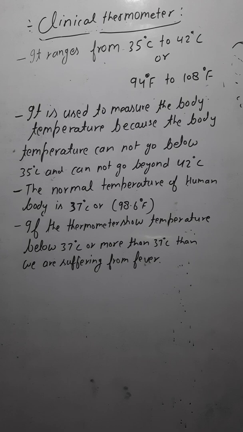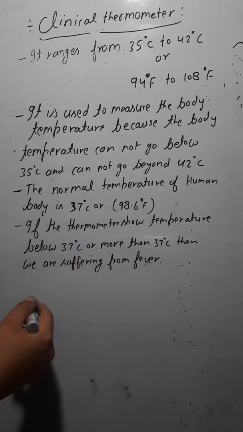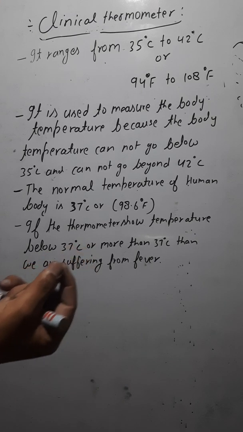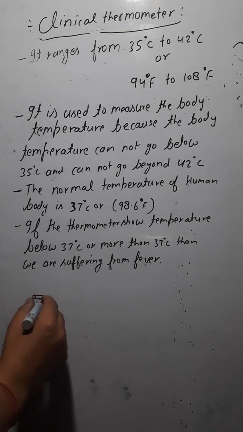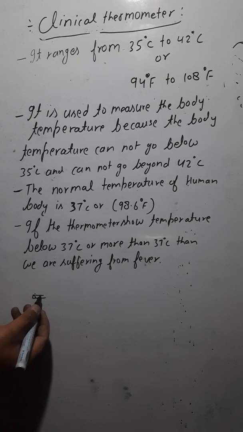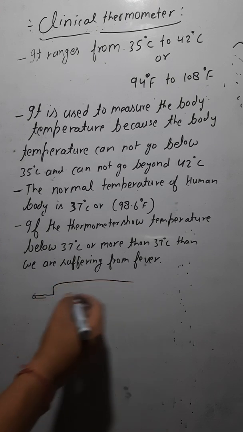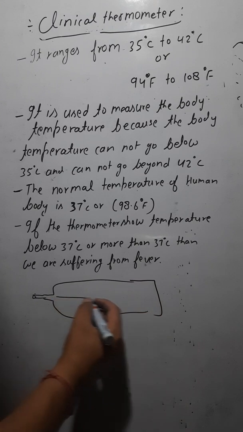Now, if you see in the clinical thermometer, I would show it, but before this let me draw it for your convenience. Here you have the bulb in the clinical thermometer where you have mercury. And then let's say this is the thermometer. So here you have two parts.